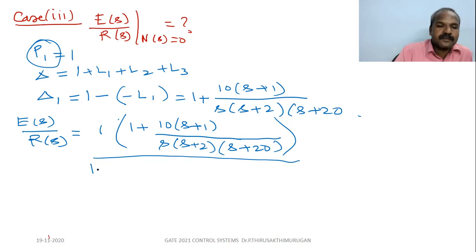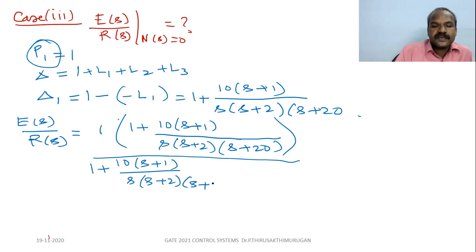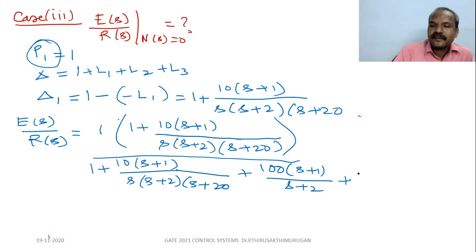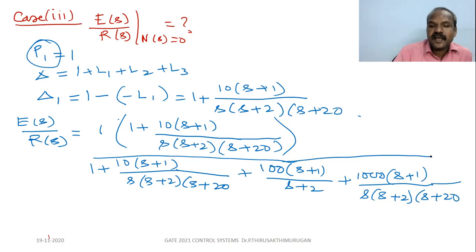So what is delta? 1 plus 10 (S plus 1) divided by S into (S plus 2), (S plus 20), plus 100 into (S plus 1) divided by (S plus 2), plus 1000 into (S plus 1) divided by S into (S plus 2), (S plus 20). So this is delta.